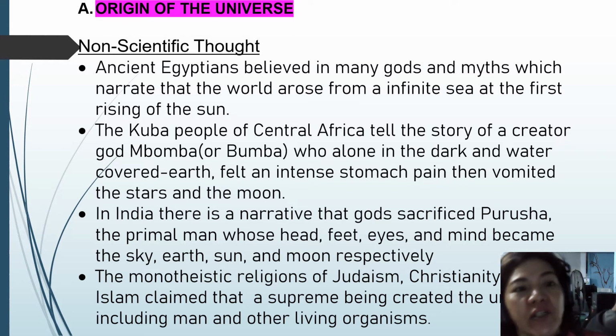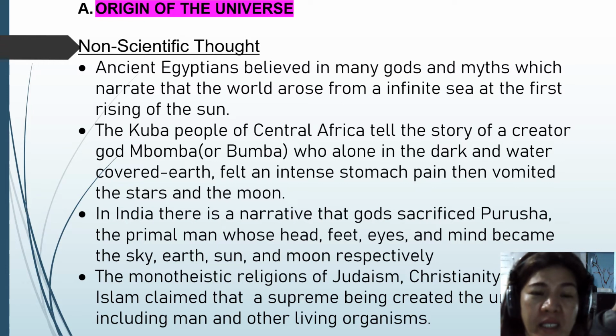So according to the ancient Egyptians, they believed in many gods and myths which narrate that the world arose from an infinite sea at the first rising of the sun.